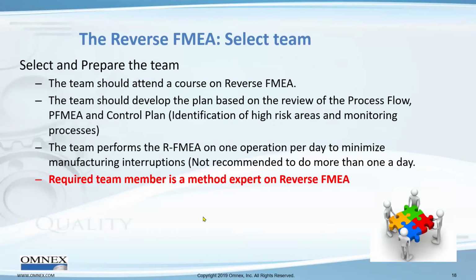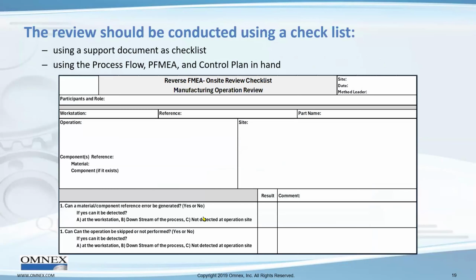So we select our team and train them, and then we have forms that we use to help gather our thoughts. So we have this first, which is a process review, and you'll notice that there are a couple of checkpoints.